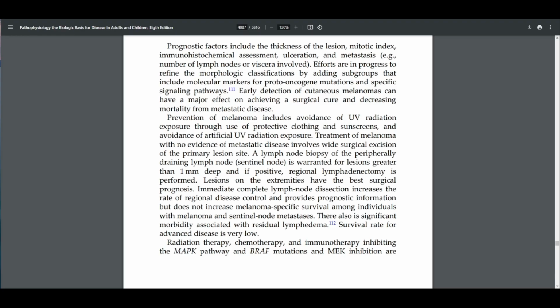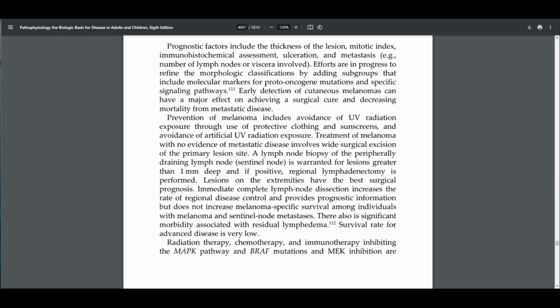Treatment of melanoma with no evidence of metastatic disease involves wide surgical excision of the primary lesion site. A lymph node biopsy of the peripheral draining lymph node is warranted for lesions greater than 1 millimeter deep, and, if positive, regional lymphadenectomy is performed. Lesions on the extremities have the best surgical prognosis.